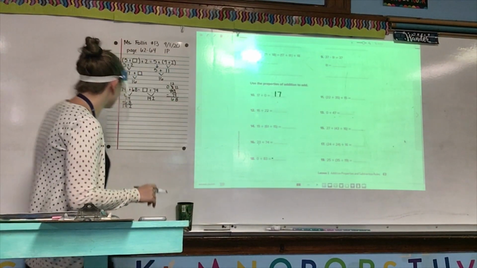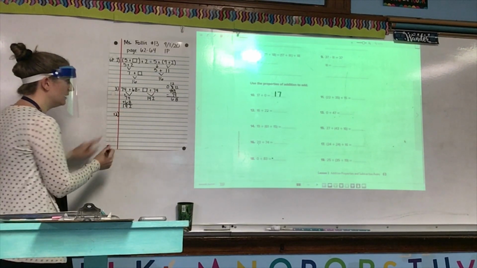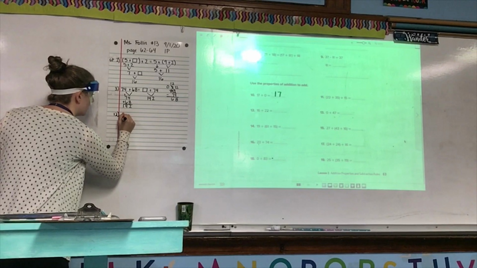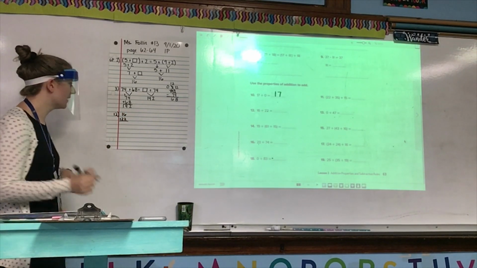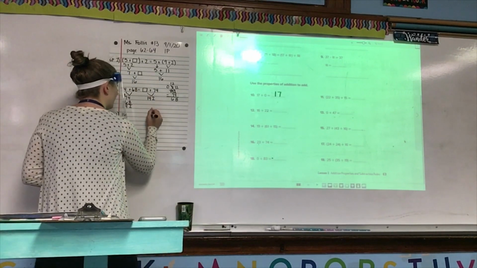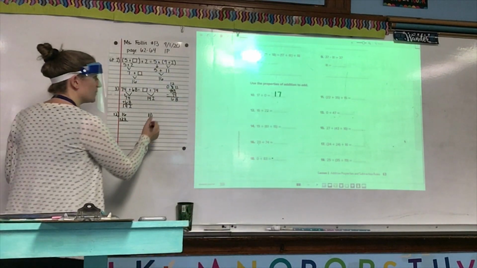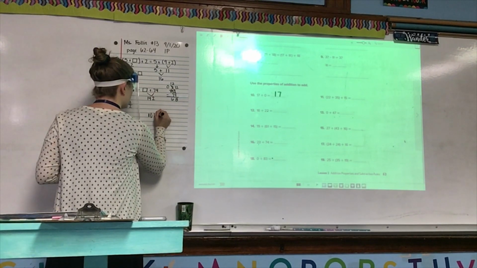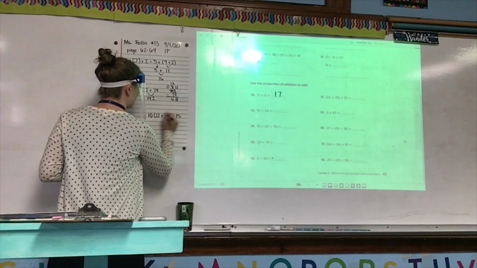No. So you need to come to your separate sheet of paper, write number 12, write it up and down, and then solve. Don't forget regrouping. And then for numbers like number 11, you need to write it this way. And solve.